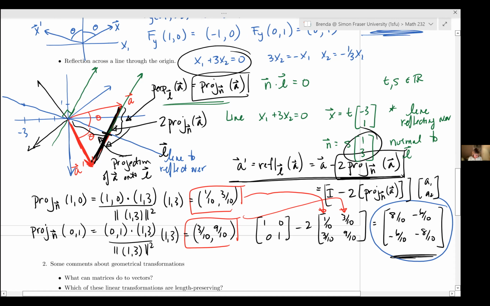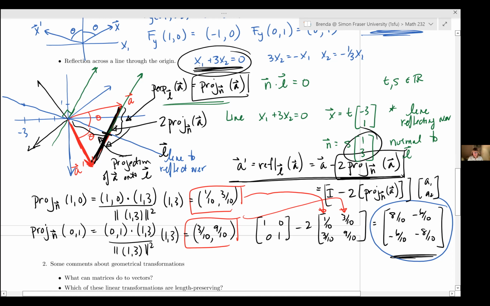Okay, the key to seeing how reflecting across a line works is seeing how the reflection can be seen in terms of projection. So my strong recommendation to you is to basically try to neaten up this discussion that I've done while explaining this. Start from scratch, say, okay, how do I figure out what this matrix is for this line?